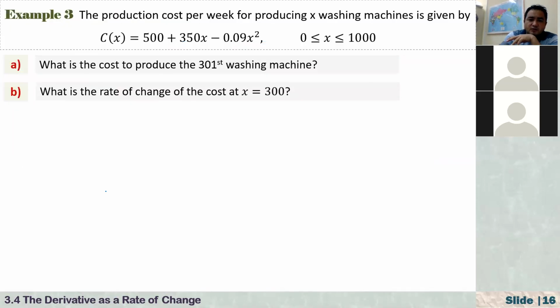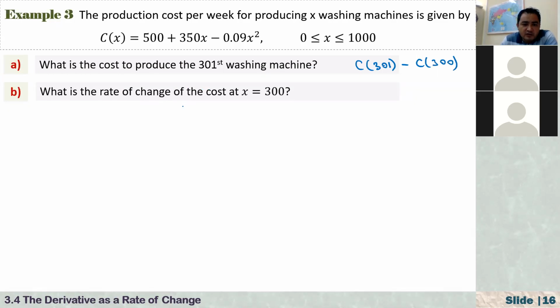So that is one example in economics. Also here, the cost function is given in terms of x. You can just consider this as a function of x. What is the cost to produce the 300th washing machine? To do this, you just need to find the difference, C of 301 minus C of 300, right?